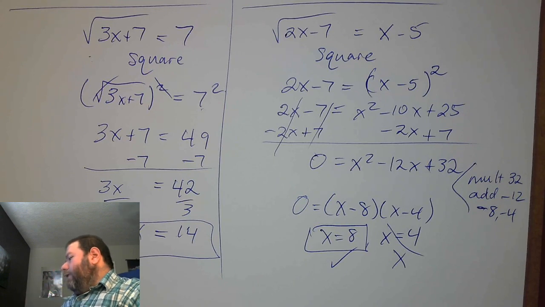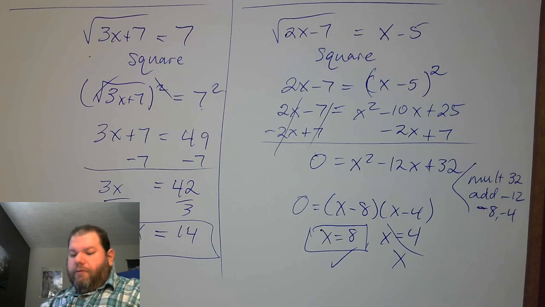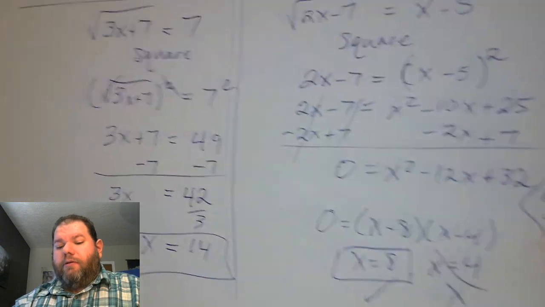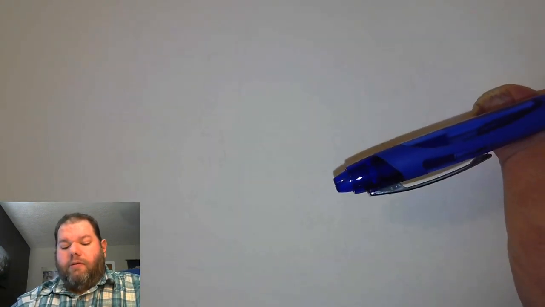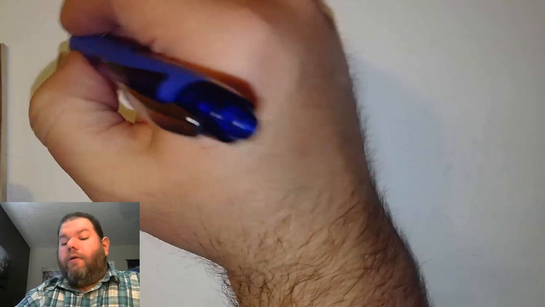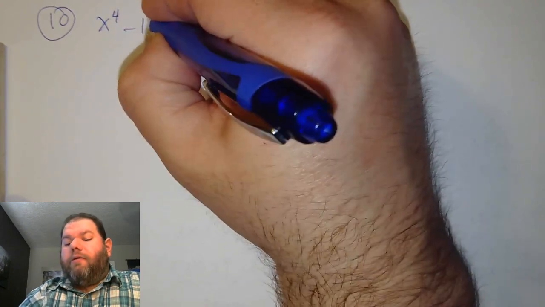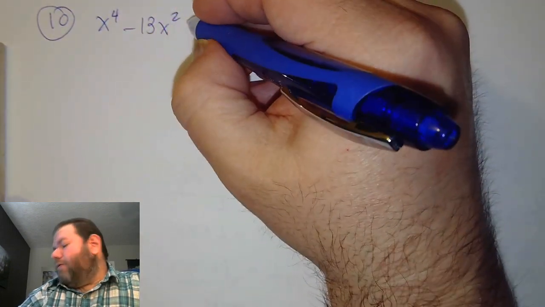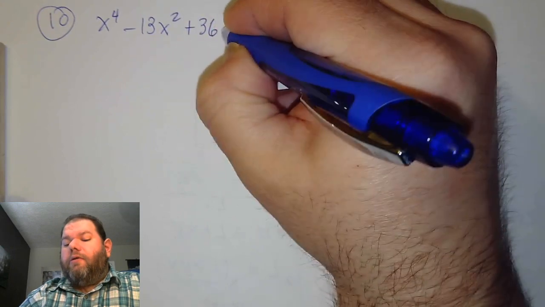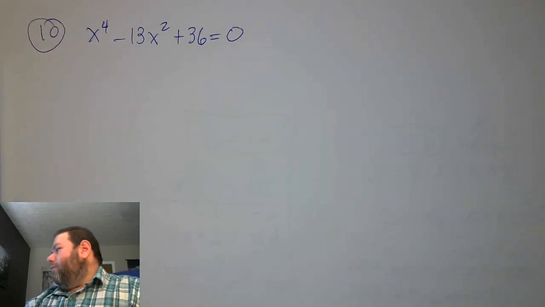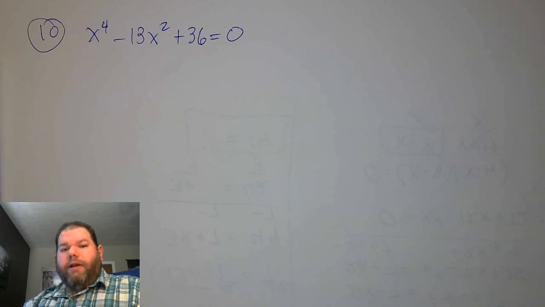Let's see what we have next. This, in the instructions, you can see it's called a quadratic-like equation.